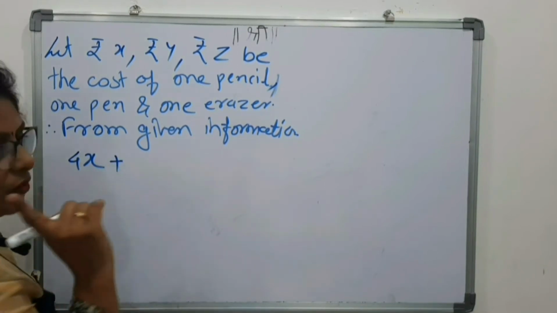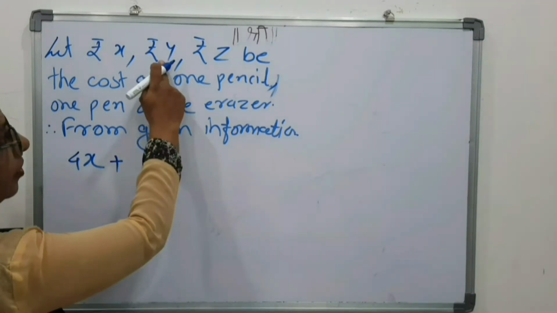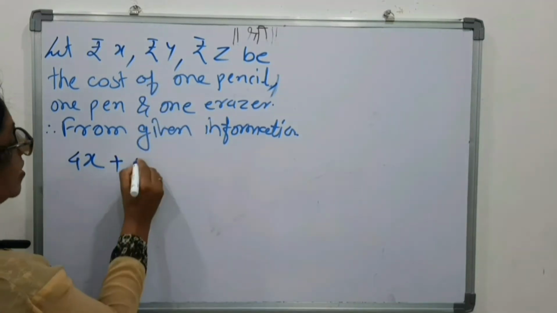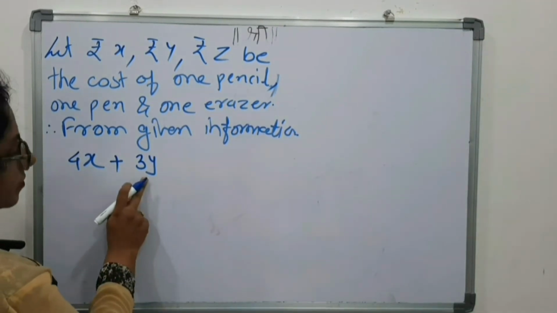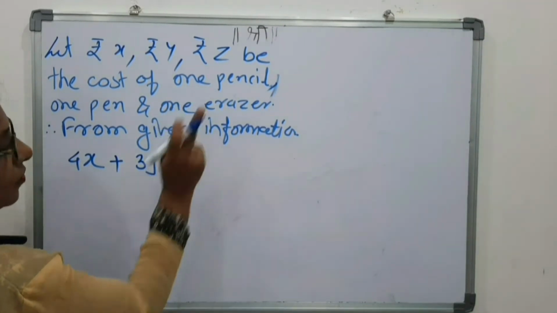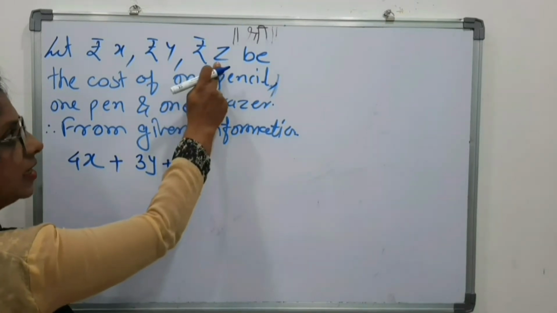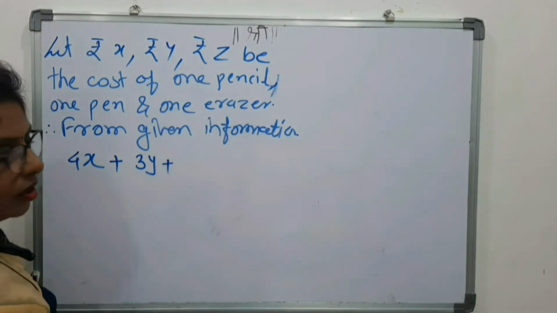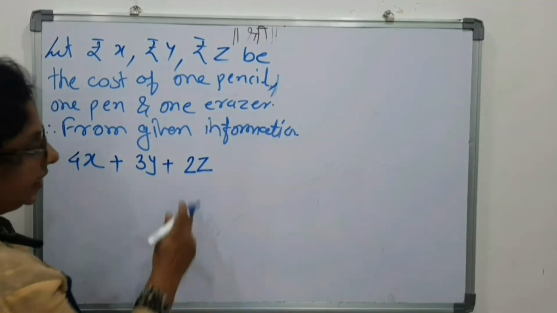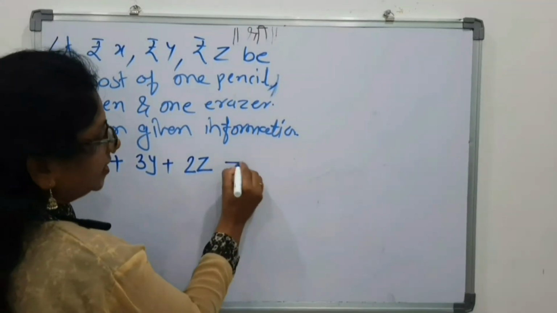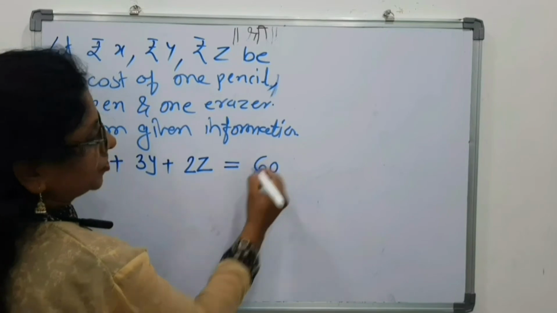The cost of 1 pen is y and the number of pens is 3, so the total cost of pens is 3y. The cost of 1 eraser is z and the total number of erasers is 2, so the total cost of erasers is 2z. This is given as rupees 60.